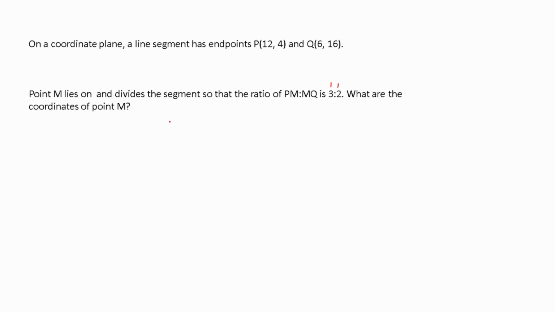And then what we have to do is find the difference between these distances. So we want our x's and our y's, right? So what we're going to take is x1 and subtract it from x2. So we're going to get 6 minus 12, which is going to give me -6. And then we're going to divide that by 5. And then what we're going to do is 16 minus 4, right, which is going to give me 12, and divide that by 5.